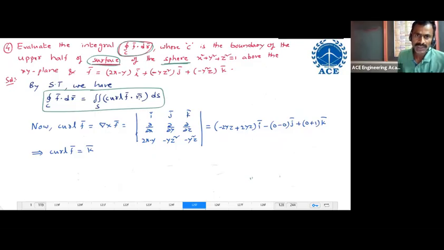But n bar is the unit normal vector to the surface in the outward direction. Our given equation of the surface is x square plus y square plus z square equal to 1. For this equation of the surface, we need to find the normal vector and the unit normal vector. From the previous topic, out of the three quantities gradient, divergence, curl, gradient gives the normal to the surface. Using that, we write the unit normal vector.